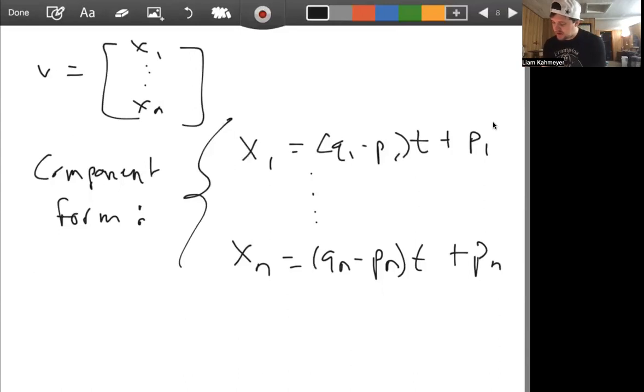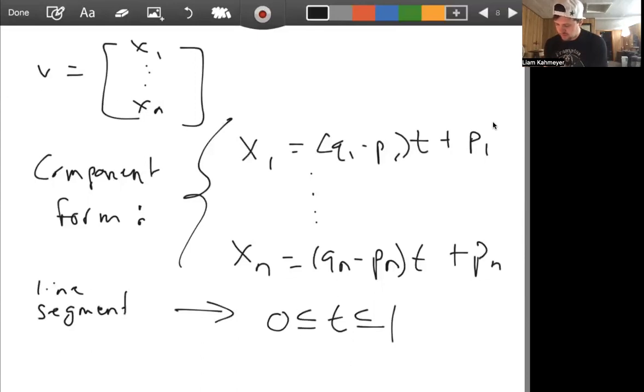And again, since this is a parametric equation, we need to give a domain for our time here. This is for the line segment from P to Q, right?